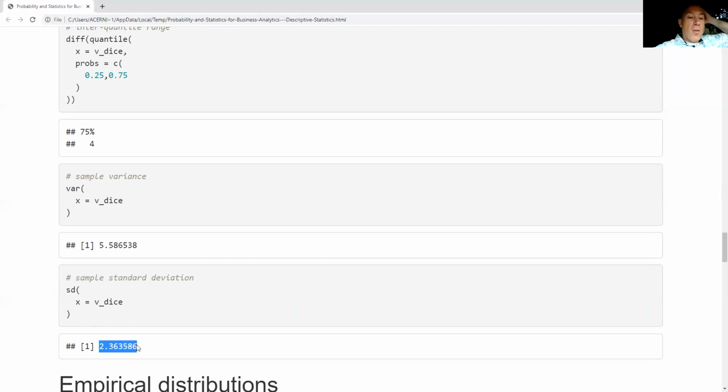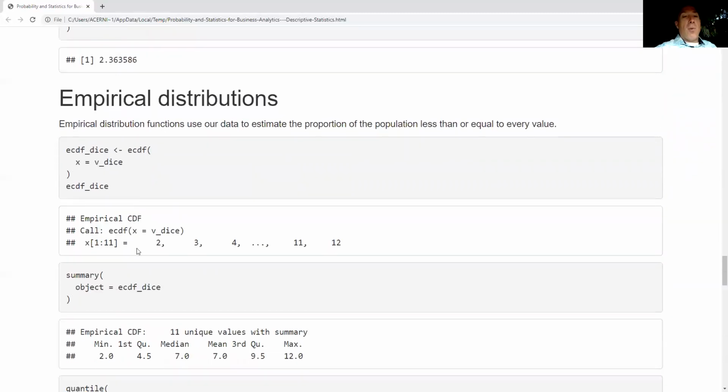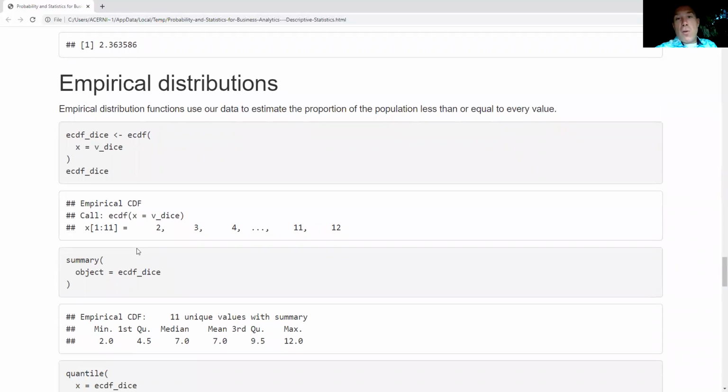And we can see this is the square root of that value, the variance. All right, now empirical distributions. Empirical distributions are an estimate of the probability distribution of the population based off of our sample.